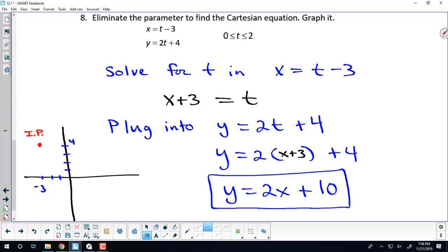When t is 2, we have -1 and 8. So somewhere up here, (-1, 8). That's our terminal point. So we just have that line segment there. Easy enough?